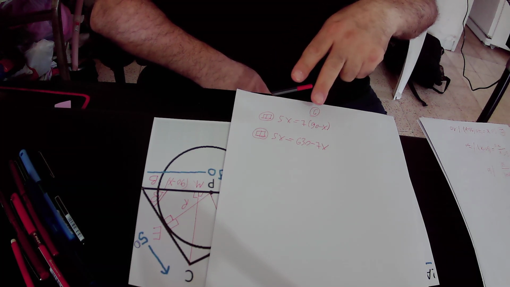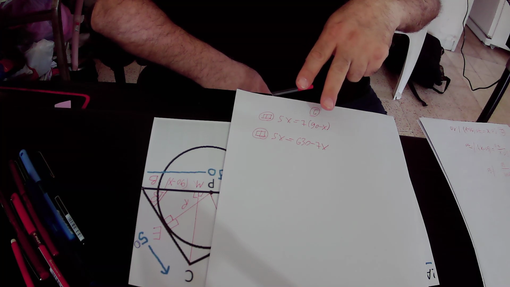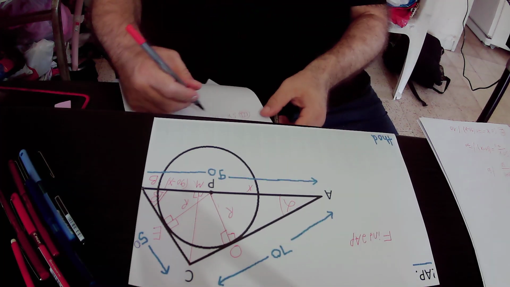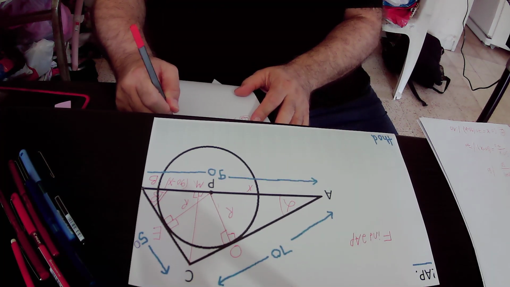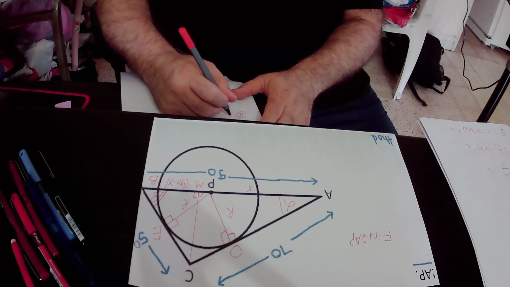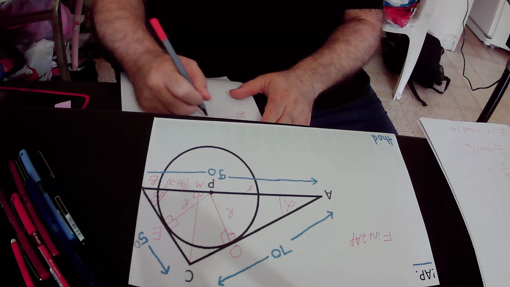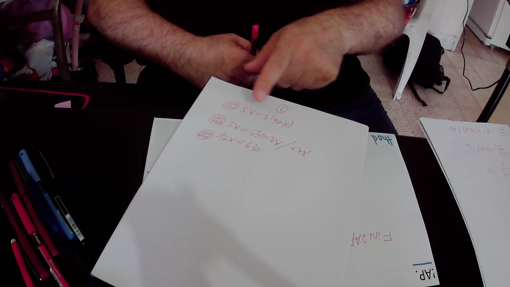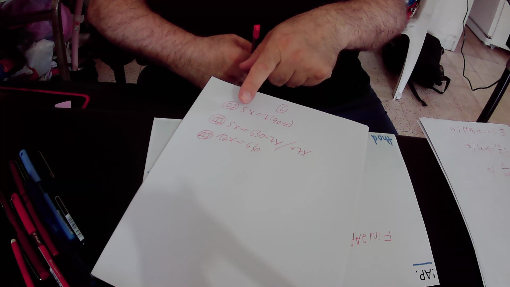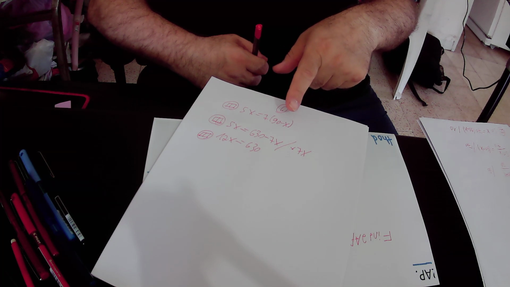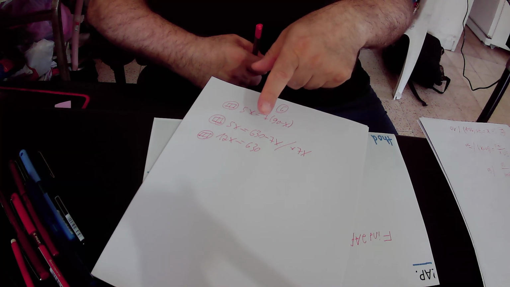Here we will add 7x to both sides of the equation. We added 7x to both sides of the equation. 5x plus 7x equals 12x, and 630 minus 7x plus 7x equals 630.